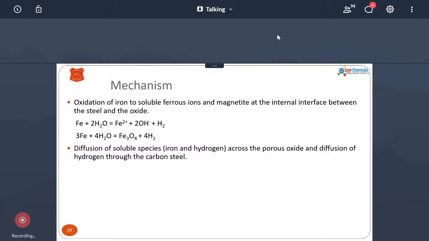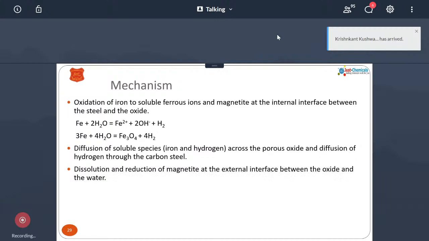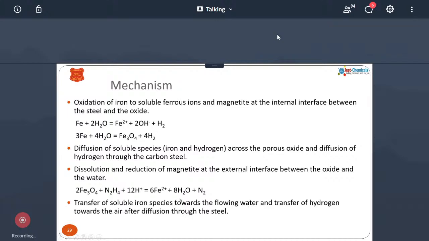Okay, the lower layer is quite tough and dense, but still the flow hydrodynamics can dissolve it at low temperatures, because at low temperature magnetite is not as stable as it is at high temperature. And then this was the mechanism where Fe was getting dissolved. And you saw the picture, and that picture could give you a good understanding.